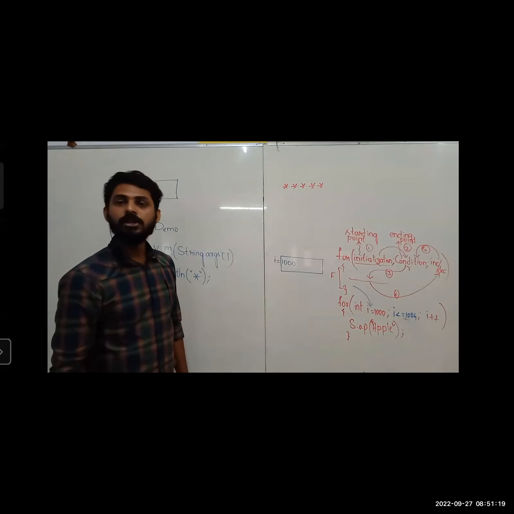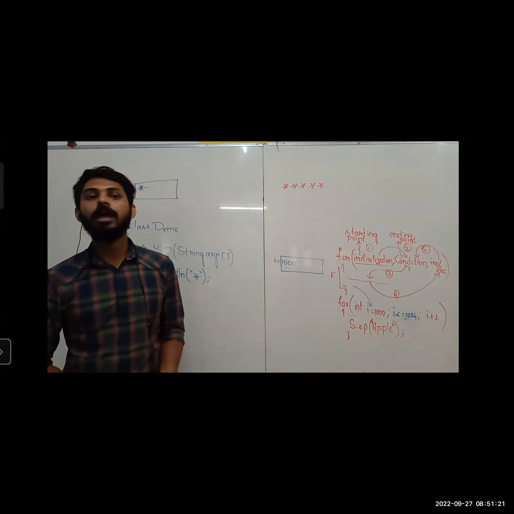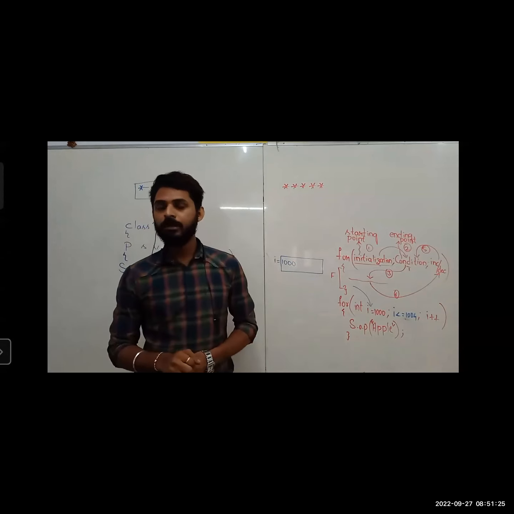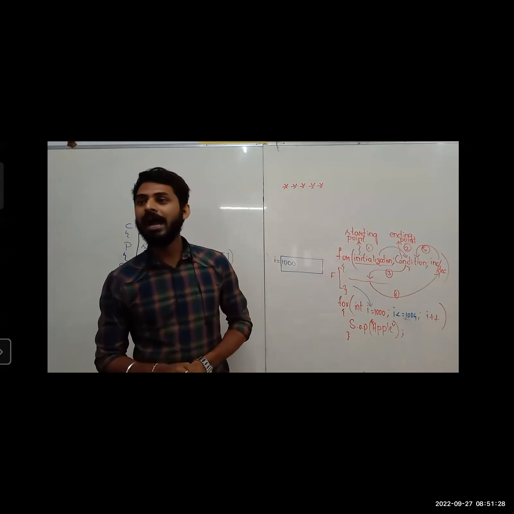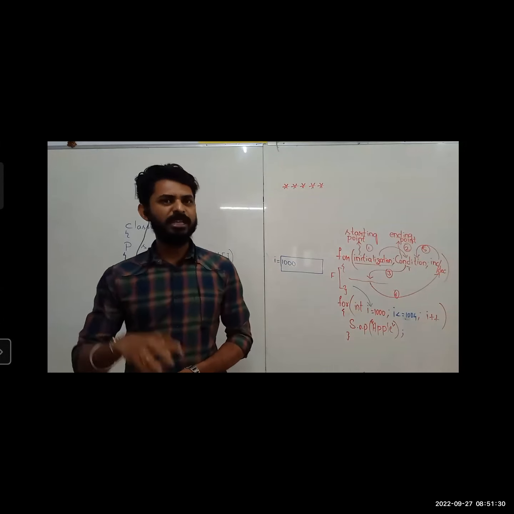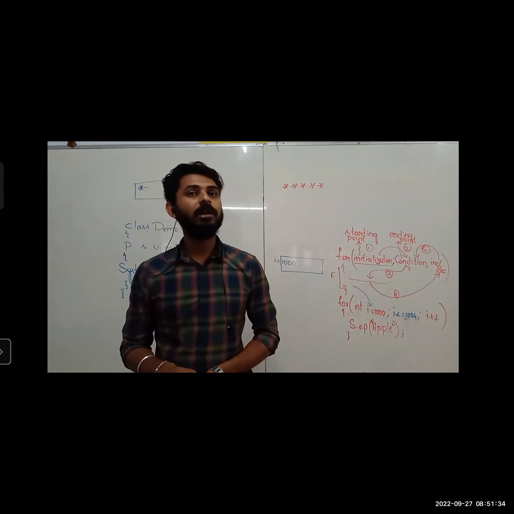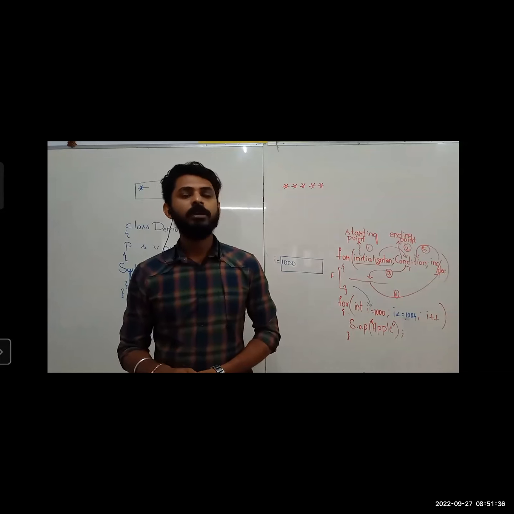Now I will say that in my house, if I consider n number of rooms, yes or no? To identify each room, there is some way. There is one name given for each room: kitchen, hall, bedroom, like that, different names.